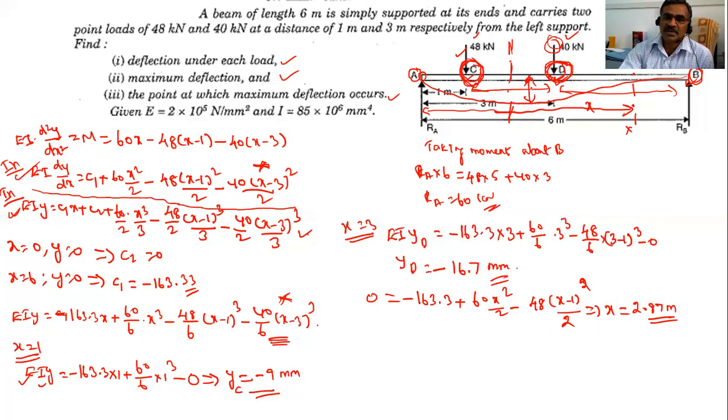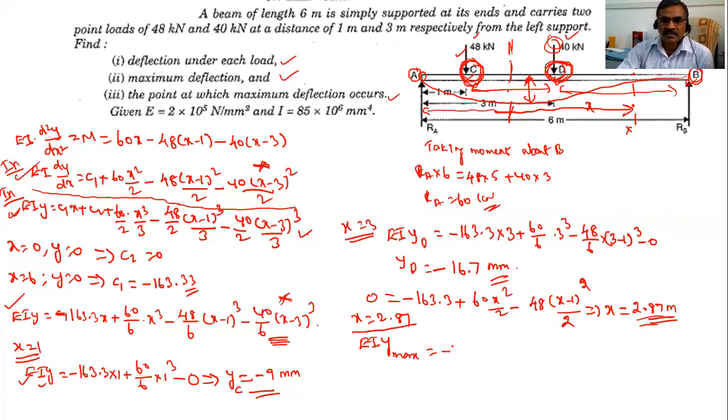Now we have to find the maximum deflection. In this equation, substitute x is equal to 2.87. That will give you the maximum deflection. That is EI into Y max, and the value of x is 2.87.